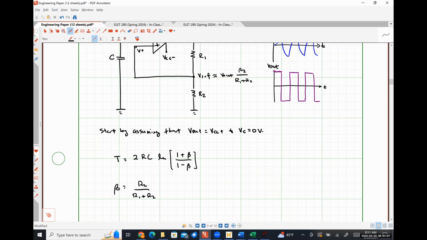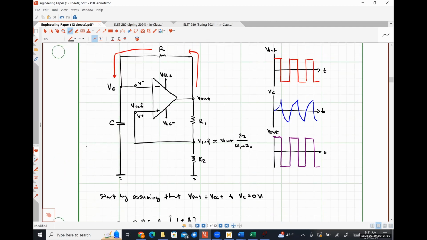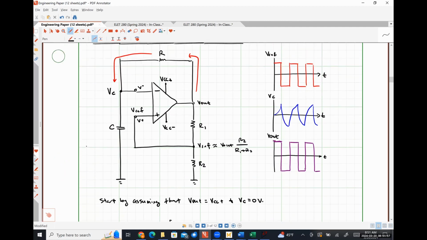So effectively, those resistors R1 and R2 are kind of like fine-tuning resistors for this circuit. But the resistance R up top is the one that really establishes the time constant for oscillation and all of that kind of good stuff. And then the size of the capacitor value itself.